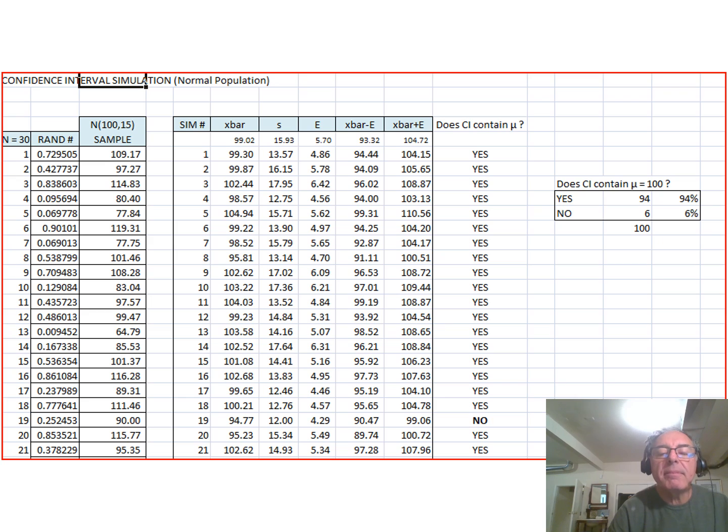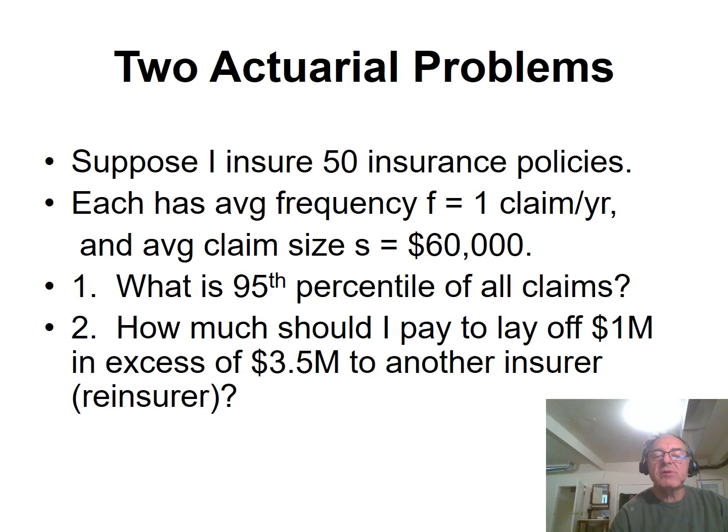Here my range was between 90 and 99, which did not contain mu equals 100. And sure enough, 94% of my sample times, my confidence interval did contain mu. 6% it didn't. I was expecting a 5%, but that does illustrate what I was looking for.